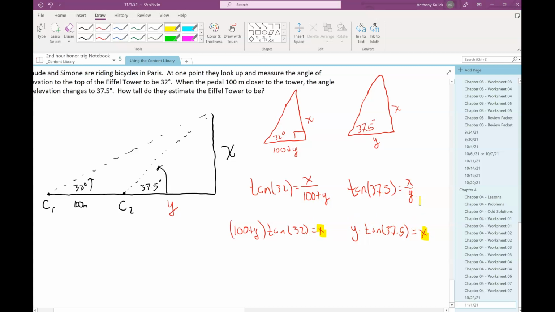Is that so far so good? Since they're both equal to x, I can set them equal to each other. To solve this for y, I have to get the y's on the same side of the equation. So I'm going to first distribute the tan 32 through.